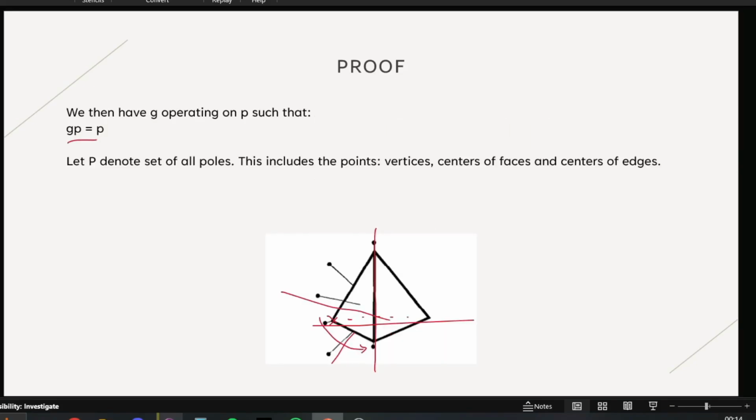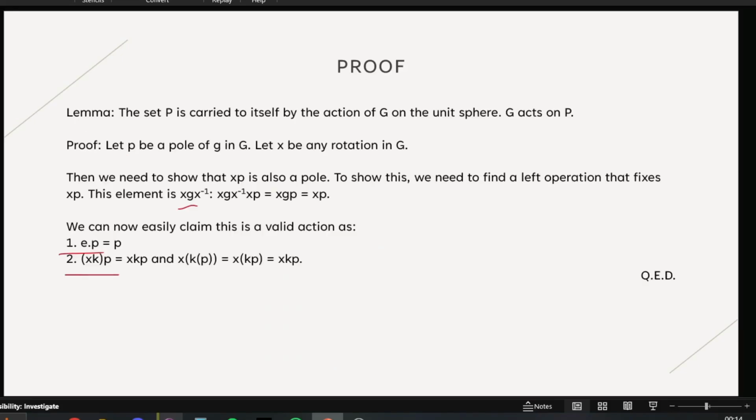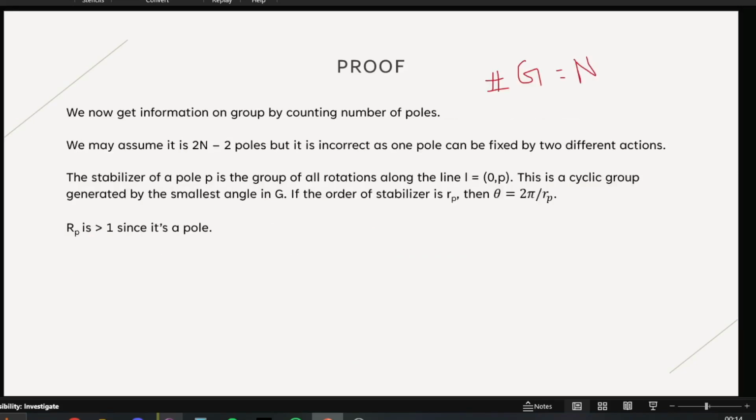Next, when we have G operating, it will move only from one pole to another, and these poles are vertices, centers of faces, and centers of edges. Then we claimed that this was a valid action. And then we basically started counting. We first looked at their orbits and their stabilizers.